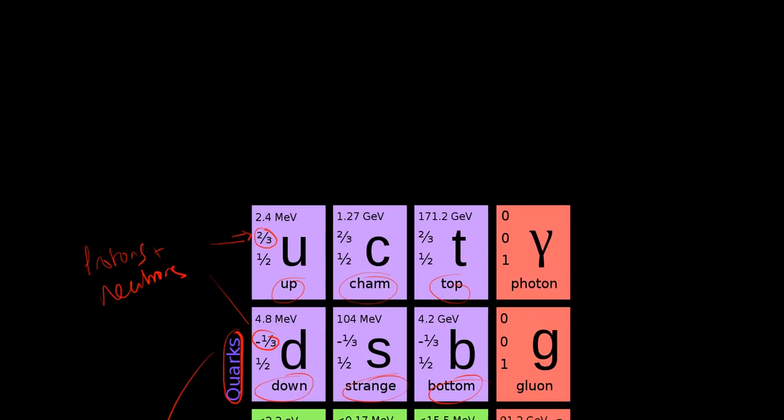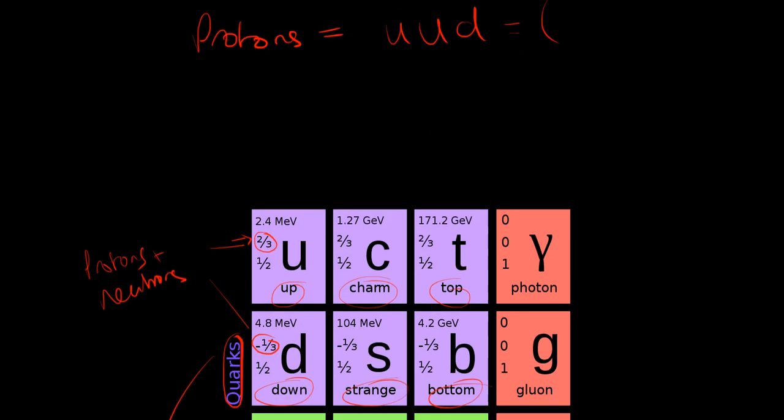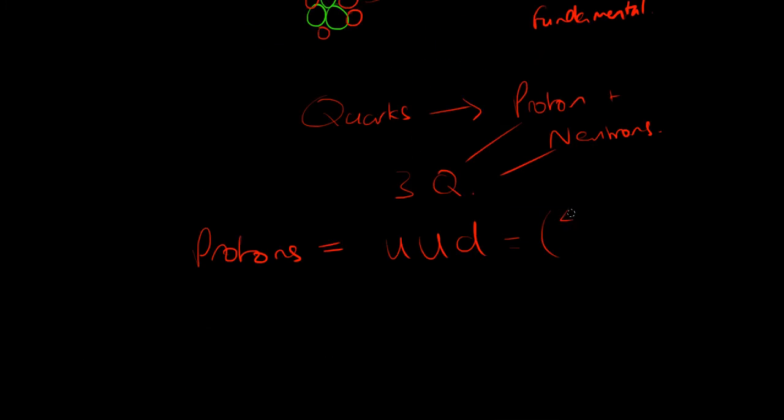Understanding the fact that the up quark is plus 2/3 and the down quark is minus 1/3, we can then work out that protons consist of 2 up quarks and a down quark, because 2 times 2/3 gives you 4/3, minus 1/3 gives you a charge of +1, which we probably have learnt is the charge of a proton.